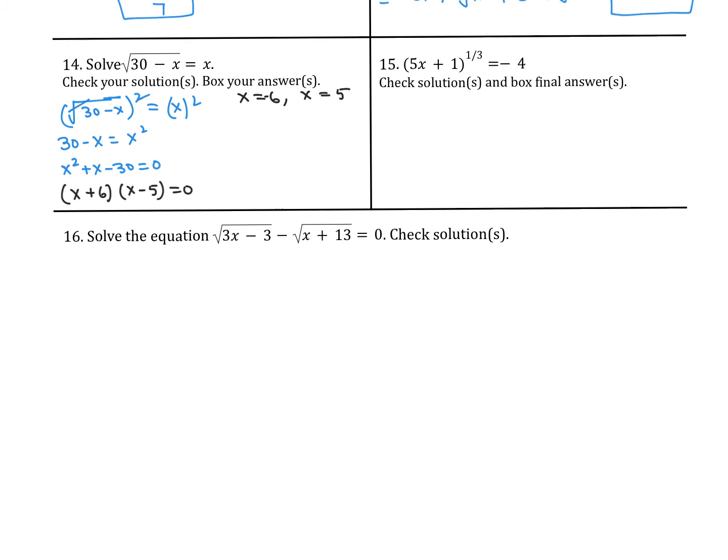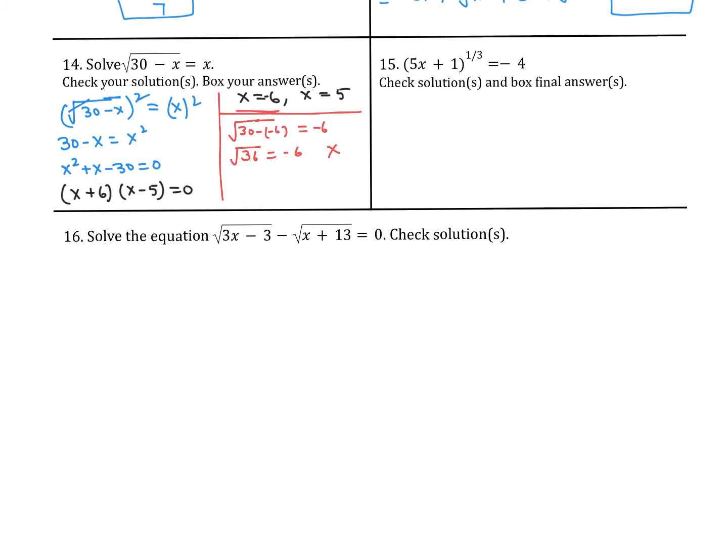Now you're going to check which one is the right answer. First I'm going to check -6. 30 minus -6 is 36, so the square root of 36 equals -6, which is not true.